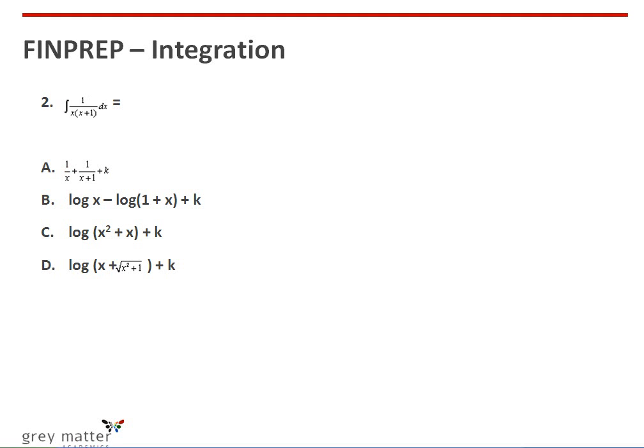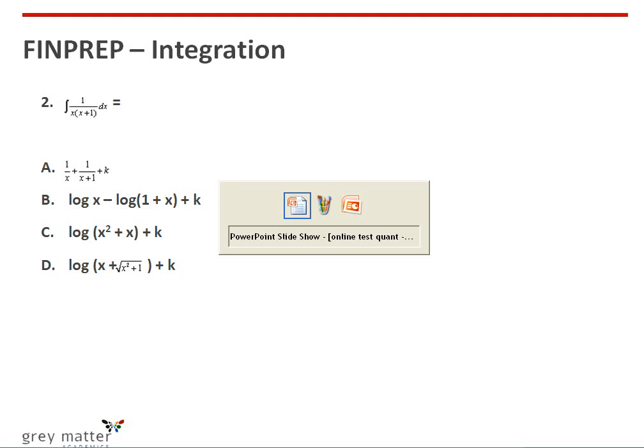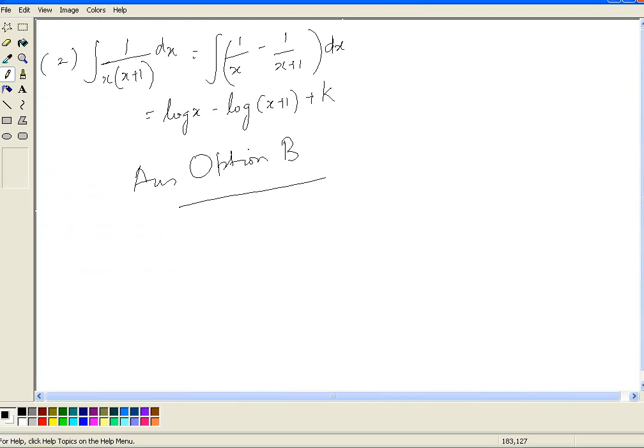Second question, integral of 1 by x into x plus 1 dx. Going back to our work area, now 1 by x into x plus 1 dx can be put into partial fractions as integral of 1 by x minus 1 by x plus 1 dx.